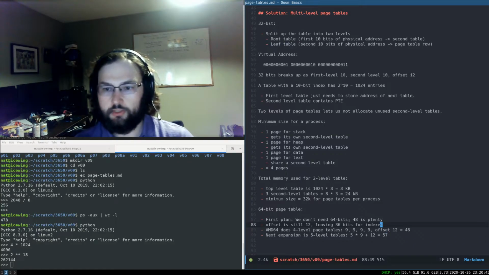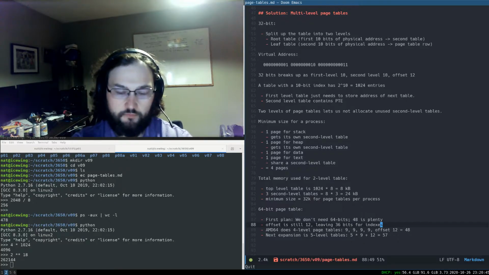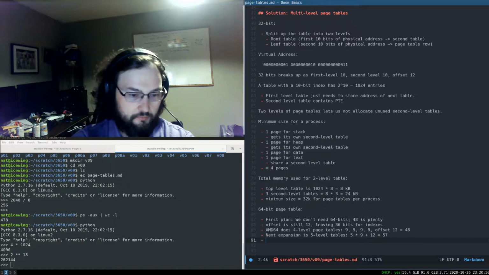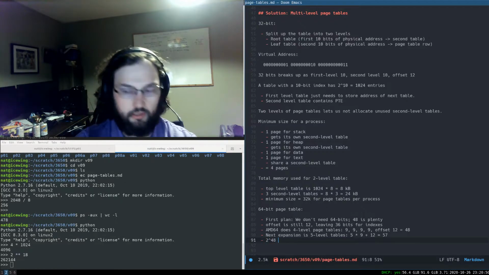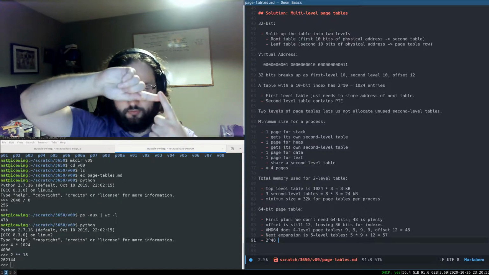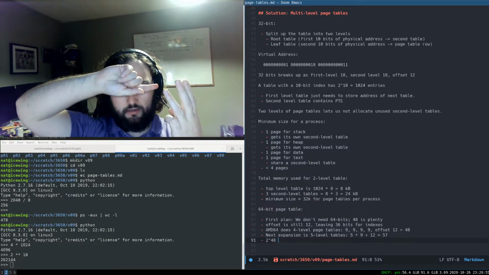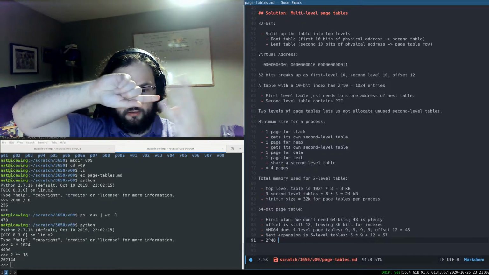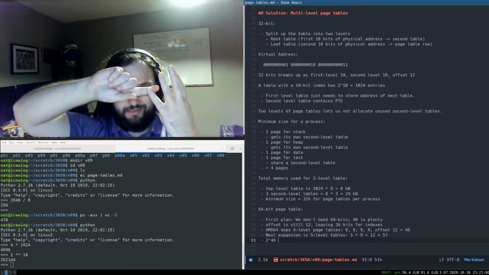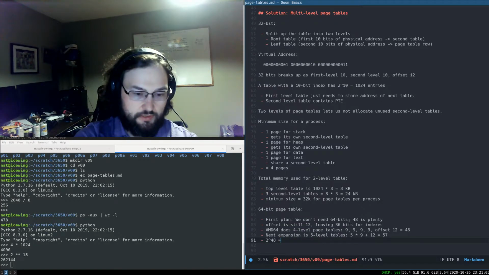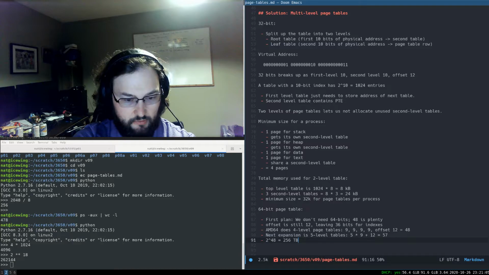So that's an option if you have a really big server. How big a server do you need before this is necessary? Well, 2 to the 48 is, 2 to the 10 would be K, 20 is meg, 30 is gig, so 40 is terabyte, so this is 256 terabytes.